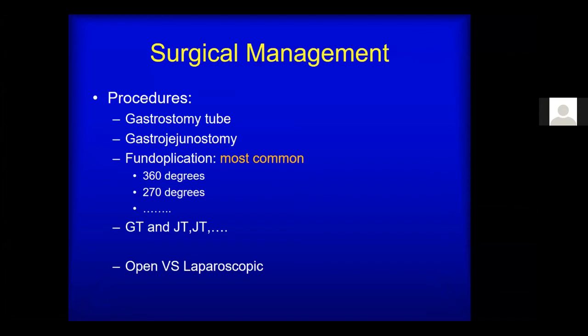So for the surgical management, what are the procedures that have been done for reflux disease patients? As I said, gastrostomy tube. If they don't have major reflux, but they have issues with swallowing or some gastric issues, a gastrostomy tube with careful feeding may get you through. When I was in training, to be honest with you, we hadn't done a lot of fundoplications.